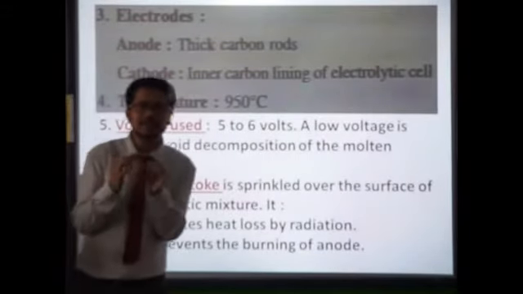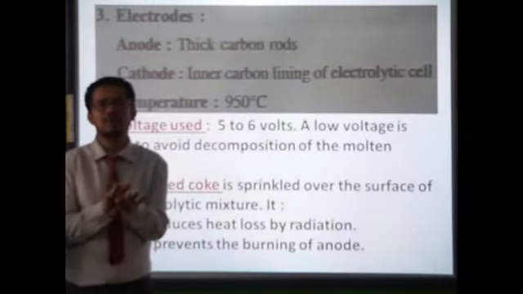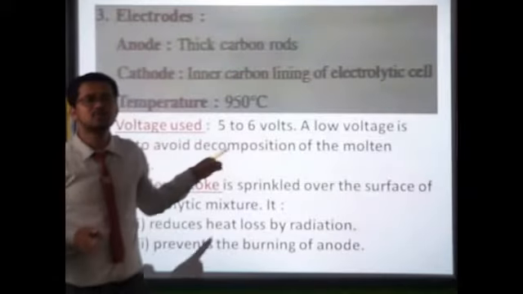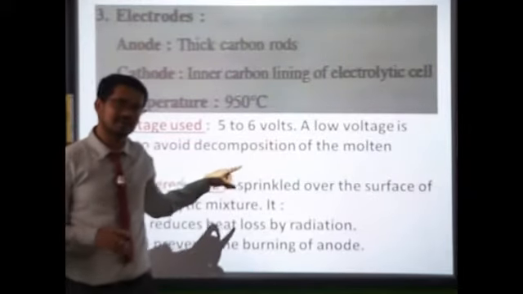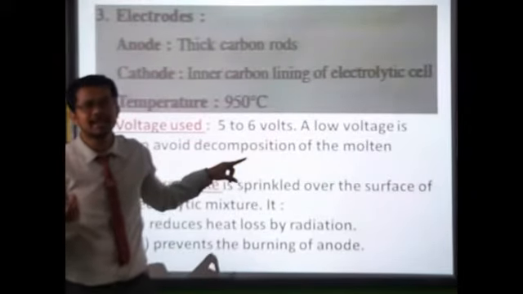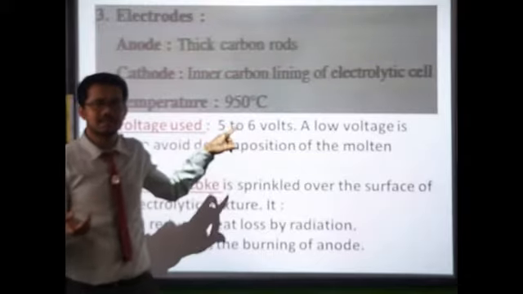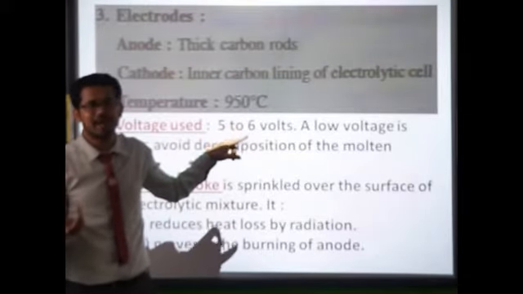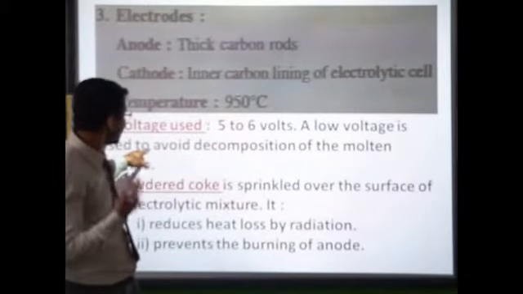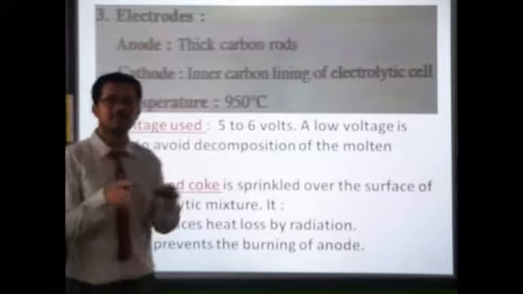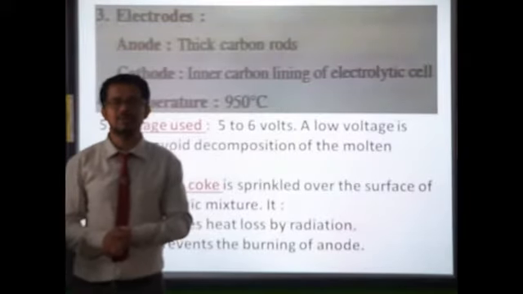Our intention is not to melt cryolite. Our intention is to melt alumina, otherwise we will not be getting pure aluminium.